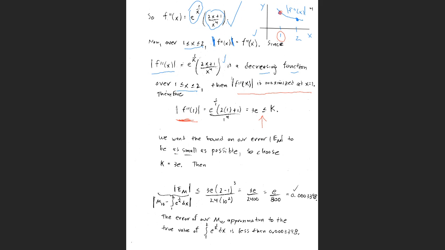I want the error bound to be small. I don't want it to be unnecessarily large, so let me pick the smallest allowed value of K. The smallest allowed value of K would be the second derivative evaluated at 1. If I put 1 in for x in the second derivative, I'm going to get 3e. And so therefore K is equal to 3 times e.